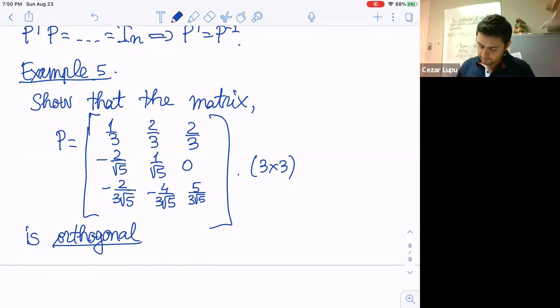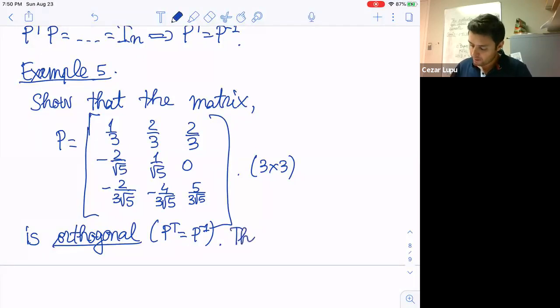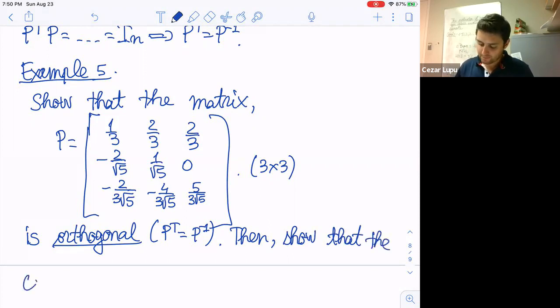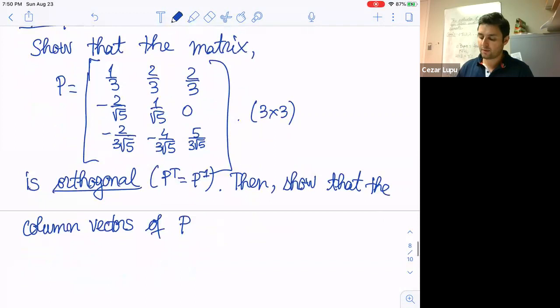And of course, by showing that P transpose is nothing else than just P inverse. And then we want to show something even more, that the column vectors of the matrix P form an orthonormal set.